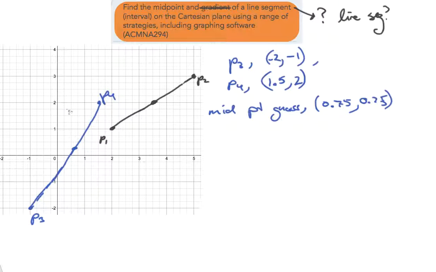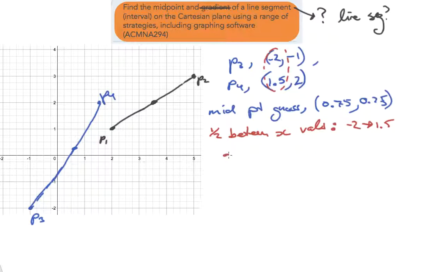So, first off, I'll do it in the same colours as before. Midpoint, halfway between x values is from, where were we? From negative 2 to 1.5. Well, it's a bit hard to immediately see what's the middle between them, isn't it?